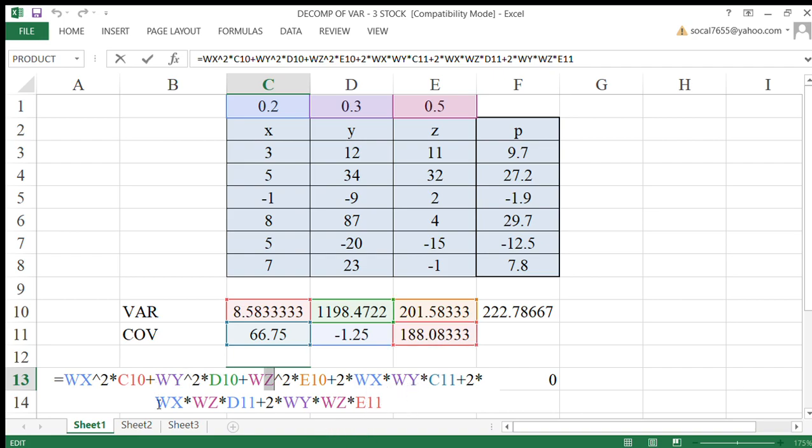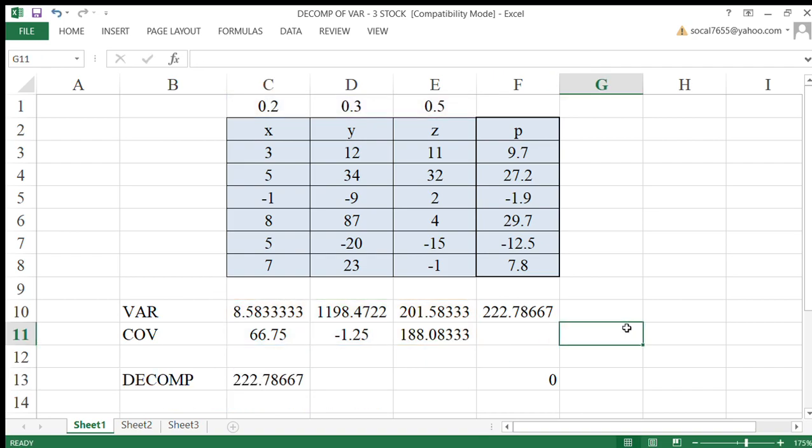And so what we see there in an Excel formula format is the decomposition of portfolio return variance formula for a 3-stock portfolio. And I think this spreadsheet makes clear in an easily digestible manner that we could just calculate the variance of that column of numbers, quite simply, and get this value.